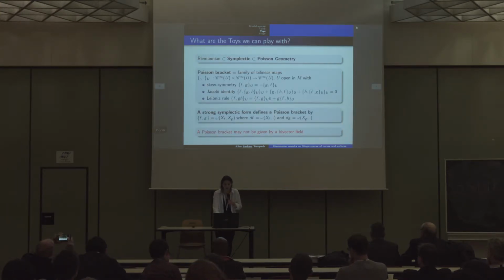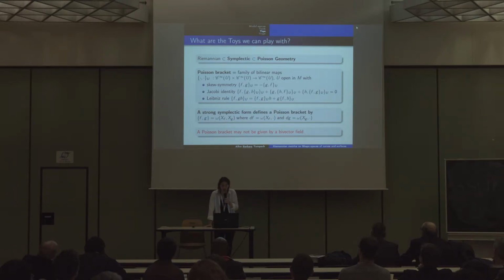So now, the symplectic framework can be generalized to Poisson geometry, and the Poisson bracket is just a family of bilinear maps. Here, I'll define them on open subsets of the manifold, but these maps just satisfy three things: skew symmetry, Jacobi identity, and the Leibniz rule.